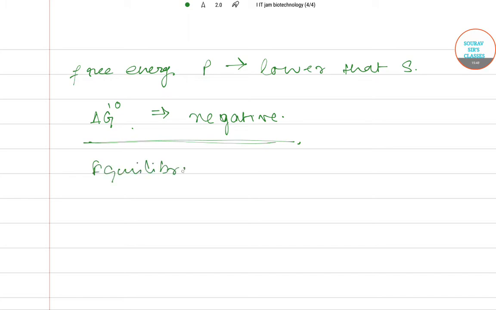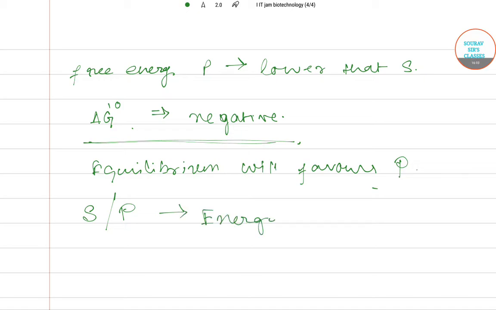But there is an energy barrier between S and P. Between S and P, you can see the energy barrier.